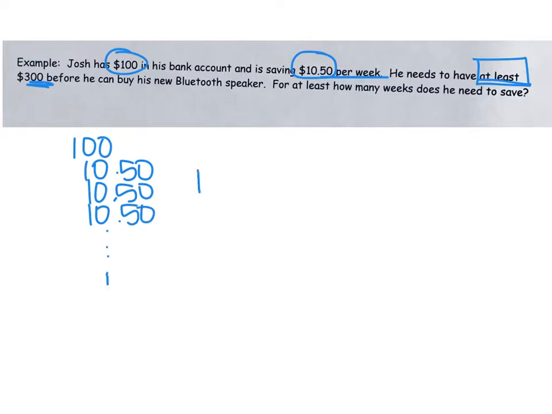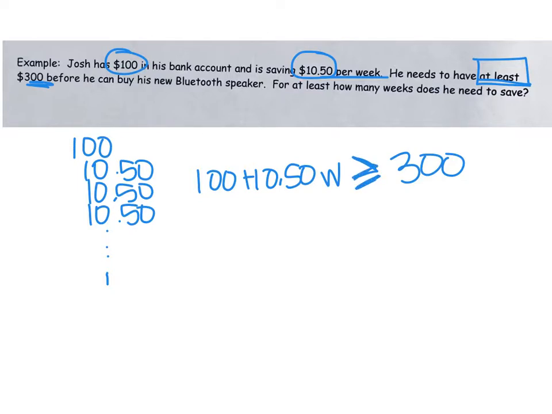So he has $100 plus $10.50 each week. So I will multiply by the number of weeks, and I want to know when he has at least $300. So I need this value to be greater than or equal to 300 so that it's at least 300.